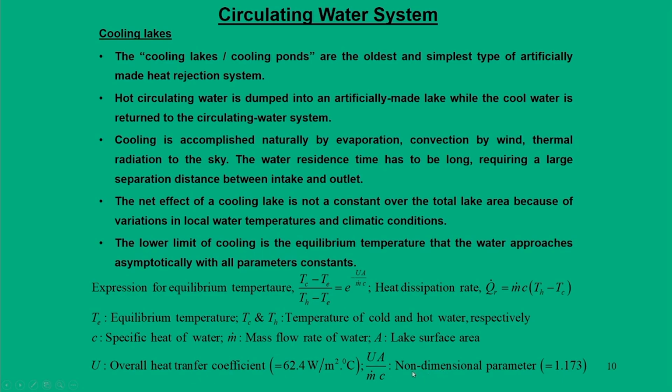UA by m dot C is a non-dimensional parameter, most frequently used in heat transfer analysis of heat exchangers. This is the equilibrium temperature expression for a cooling lake, and from there we can also find the heat dissipation rate.